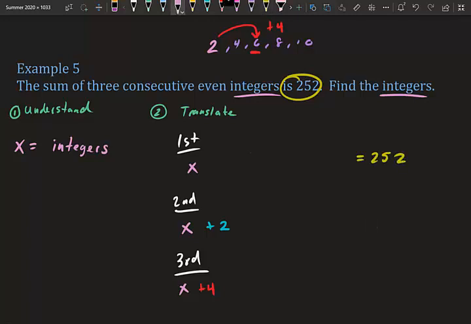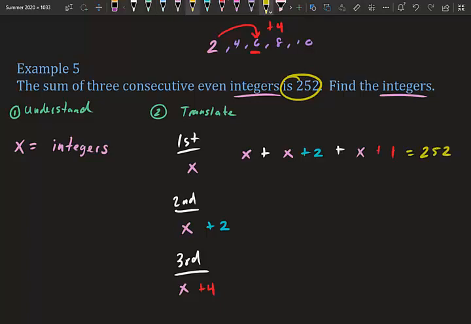So we're going to put all of these together to equal 252. So we have x, and it says the sum, so plus x plus 2, and we're going to add that to x plus 4. And it is 252, so it equals 252. Now I'm going to combine like terms.